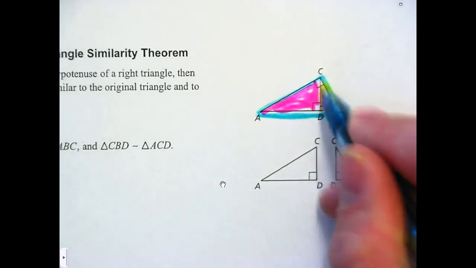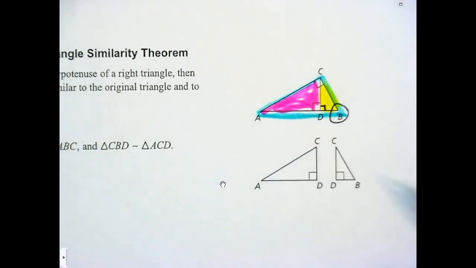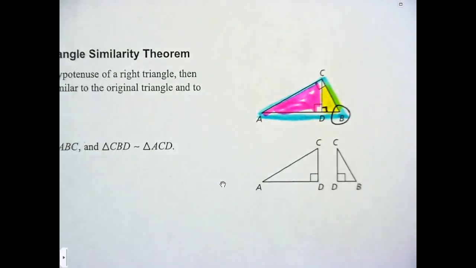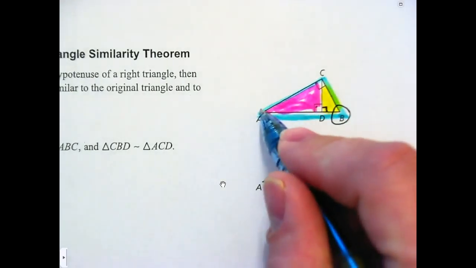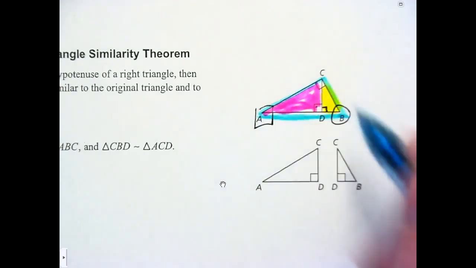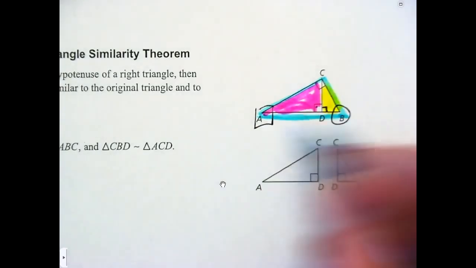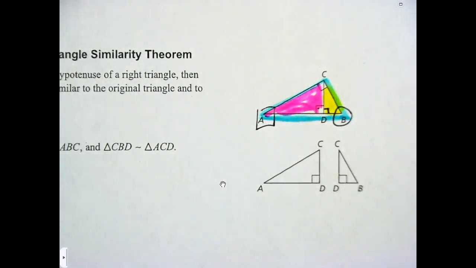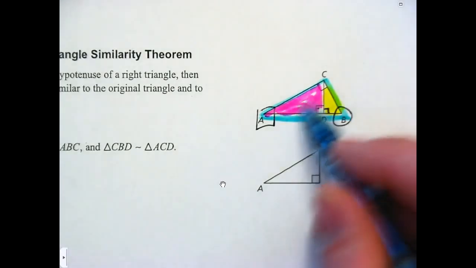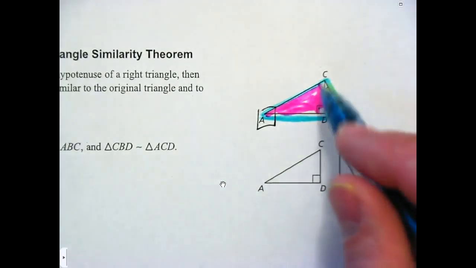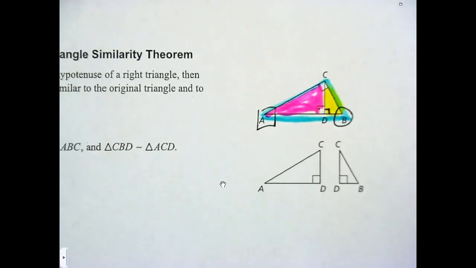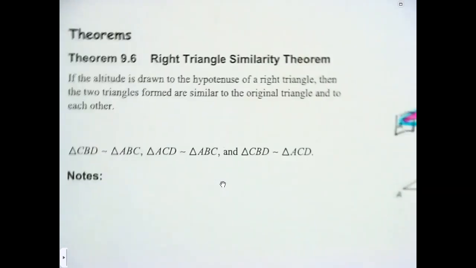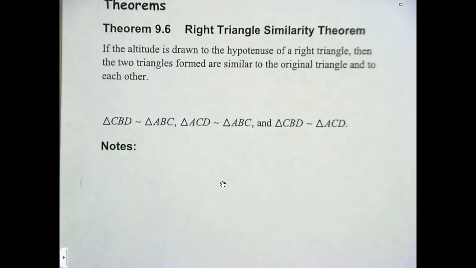Therefore, this triangle is similar to the big triangle by angle. And the same thing occurs with this triangle and this angle and that angle in the big triangle. Okay, and you can go through. Well, if two triangles are similar to the same triangle, then they're going to be similar to each other as well. All three triangles are similar. Okay? And that's what that states there.